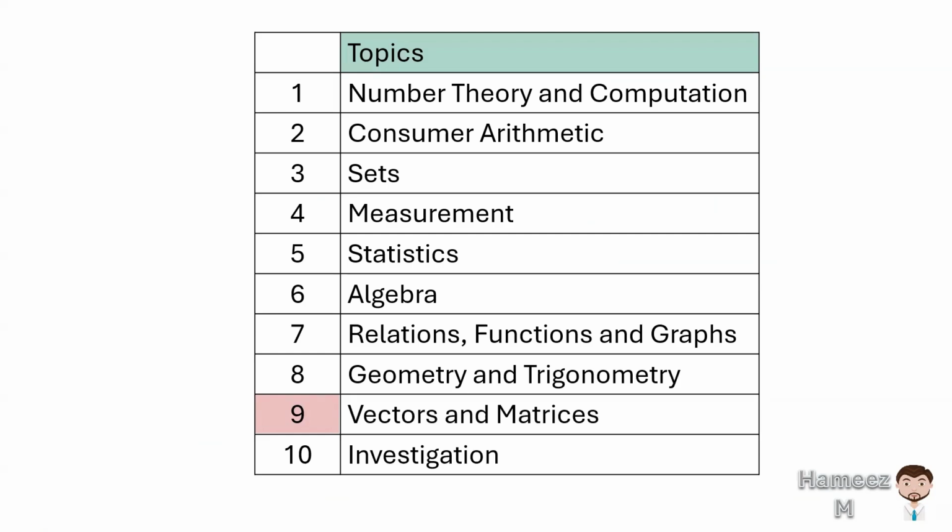And if we're looking at the particular topic of matrices, it only appears in module 2, not module 1, where we have 4 multiple choice questions and 4 marks in the long paper. And it appears in module 3. So the first part of vectors and matrices is in module 2, and the second part is in module 3.